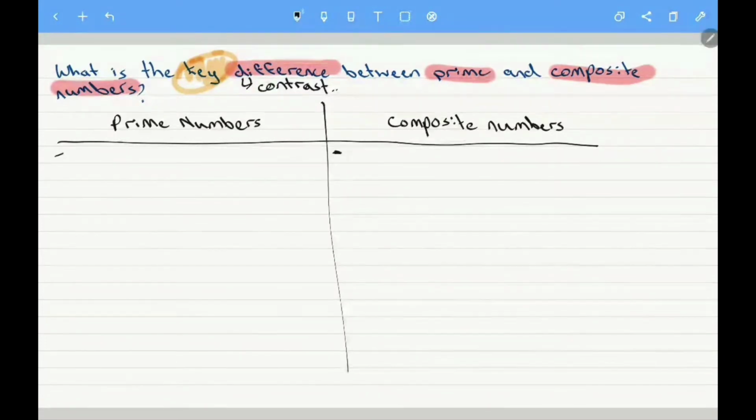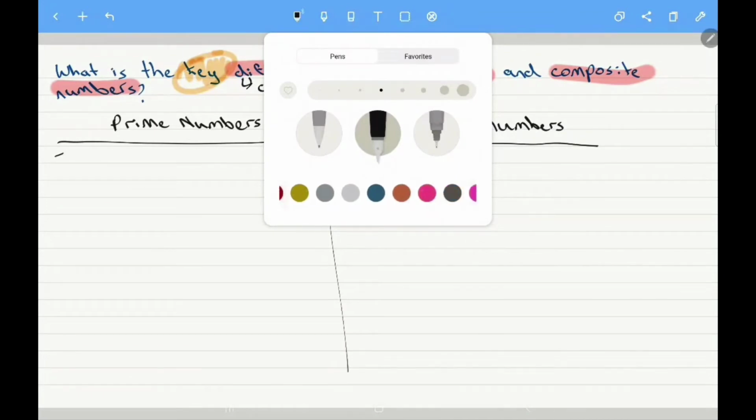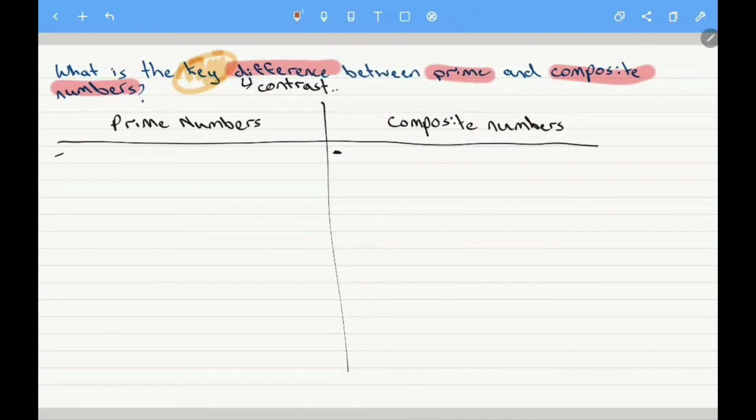So what's the definition of a prime number? Well, a prime number basically only has two factors, and those factors are 1 and itself. And a composite number is a number that has more than two factors. So these are the definitions of prime numbers and composite numbers.